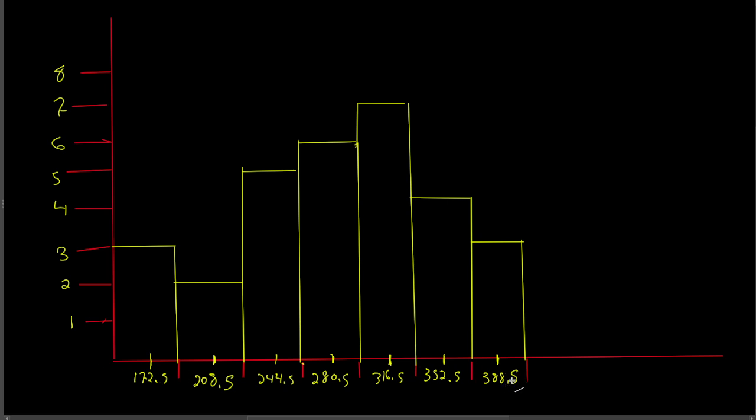And so this lets us visualize how that data was. And so this is a frequency histogram. And this is one of the most powerful tools that we can use. Frequency histograms are really common in the sciences to look at data and how it's spread.